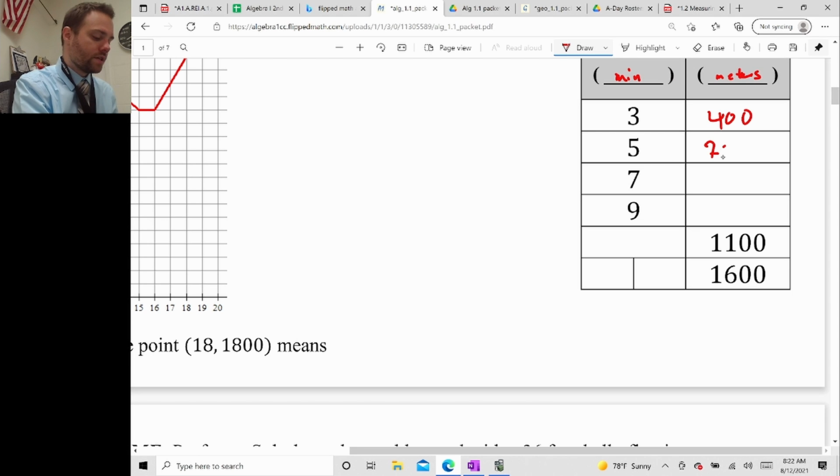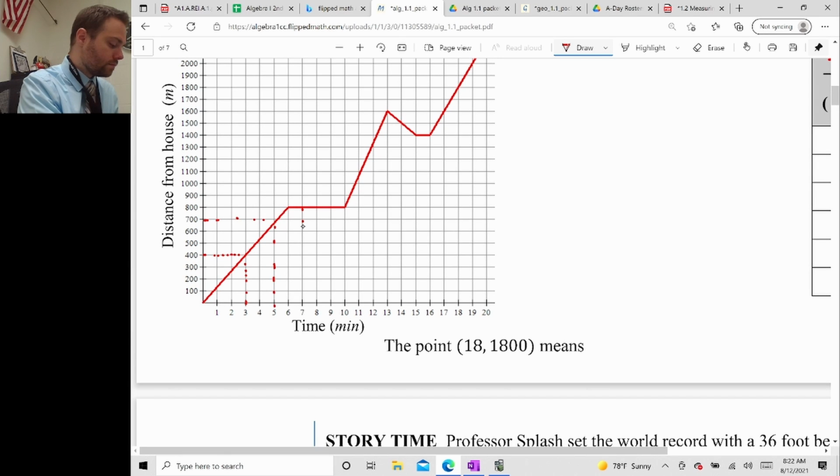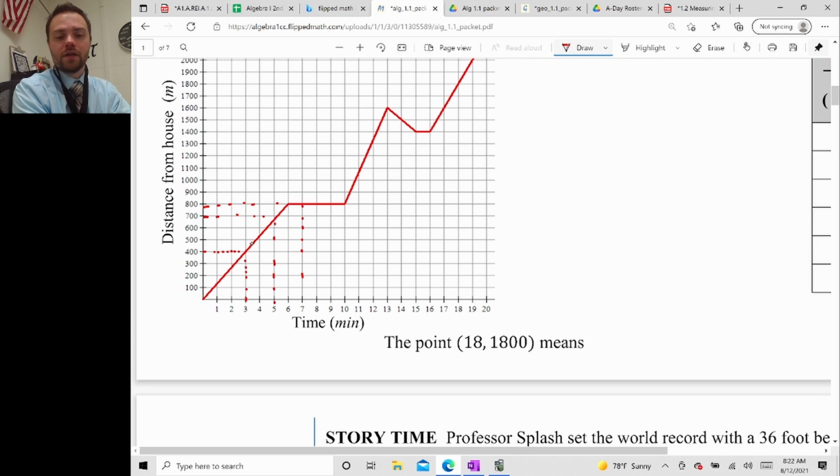So I'm at 700. And then we've got 7. And at 7, it looks like he's at 800. And take a look at what's going on in the graph. He was moving forward, he gained some distance, and then take a look here. There's no distance being gained, but time is running on. So maybe he stopped at the minute mark. Maybe he dropped something on the way there.